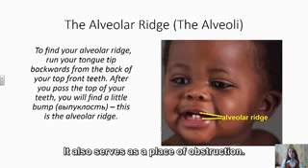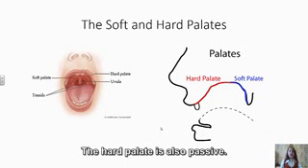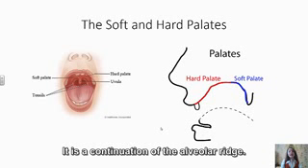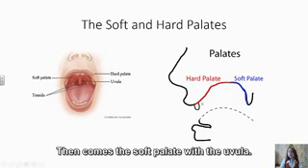It also serves as a place of obstruction. The hard palate is also passive. It is a continuation of the alveolar ridge. Then comes the soft palate with the uvula.